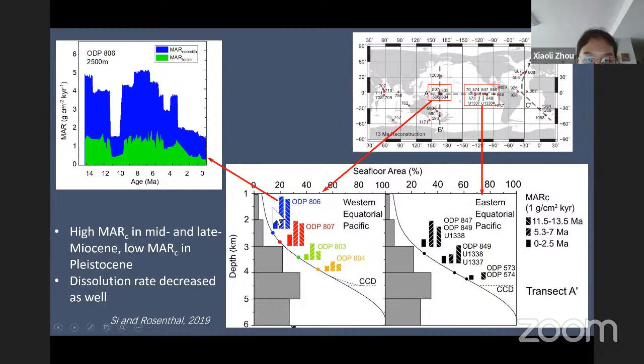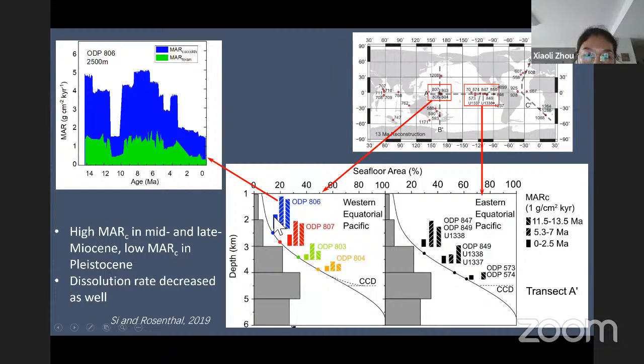For each color bar here, they show the records from 1 depth. The 3 bars here from left to right represent the MAR of carbonate from Pleistocene, mid-Miocene, and late Miocene. So we can see a higher MAR from the mid-Miocene and lower in the Pleistocene.